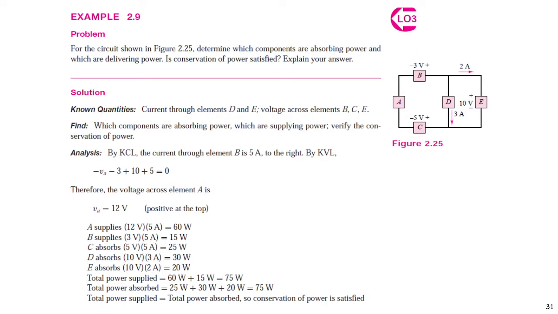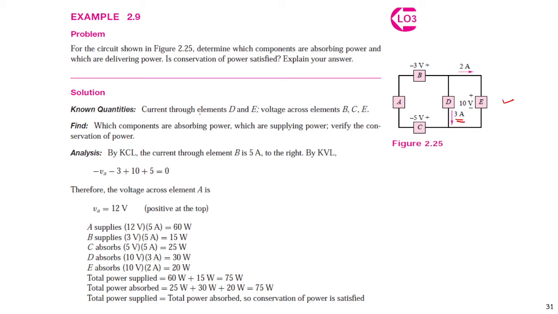Okay, let's see this example. For the circuit shown in figure 2.25, the current flowing through element D and E is 3 amp, and the voltage across E is 10 volt.